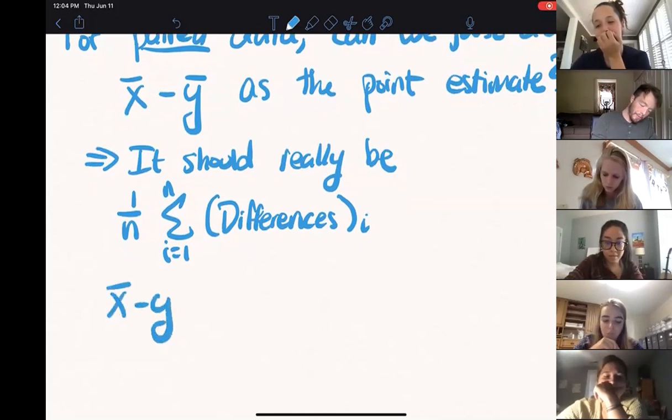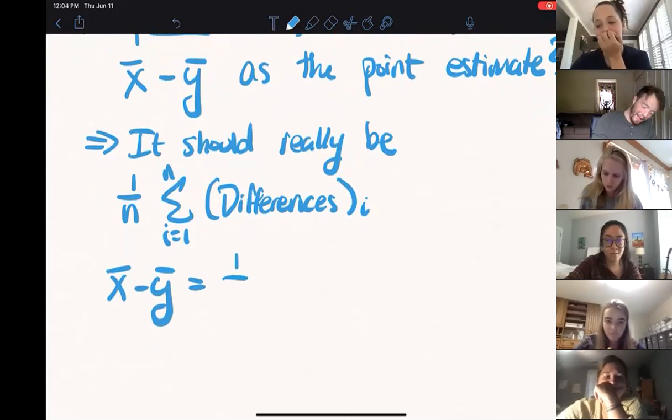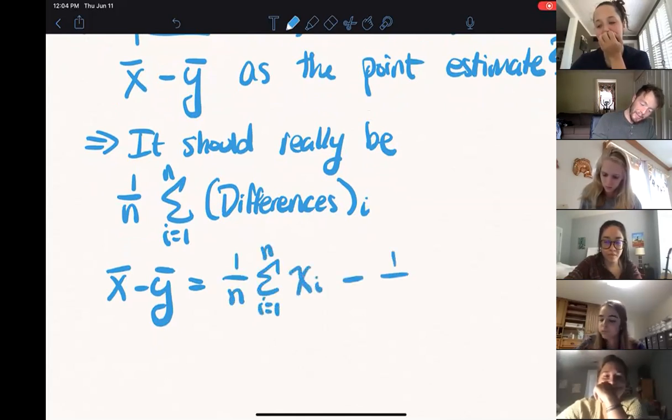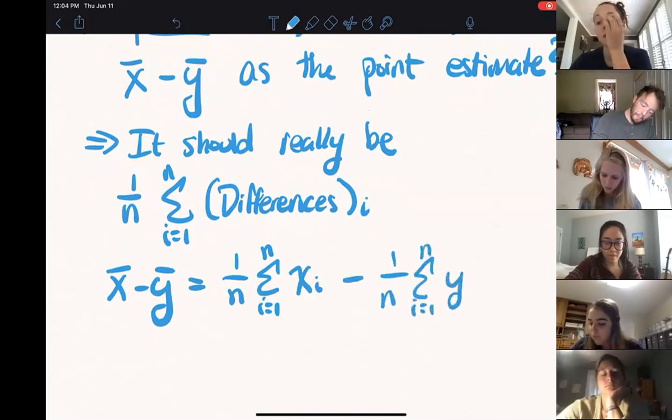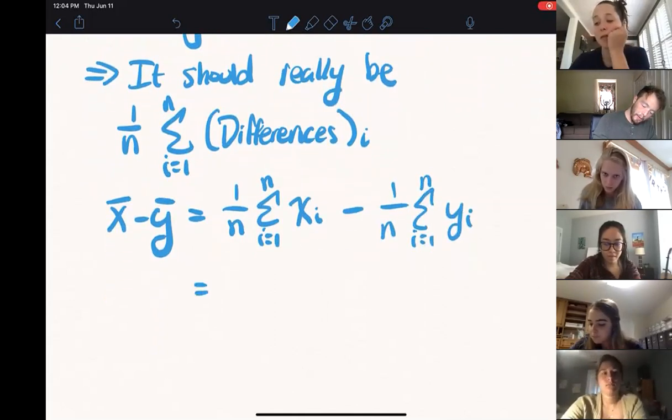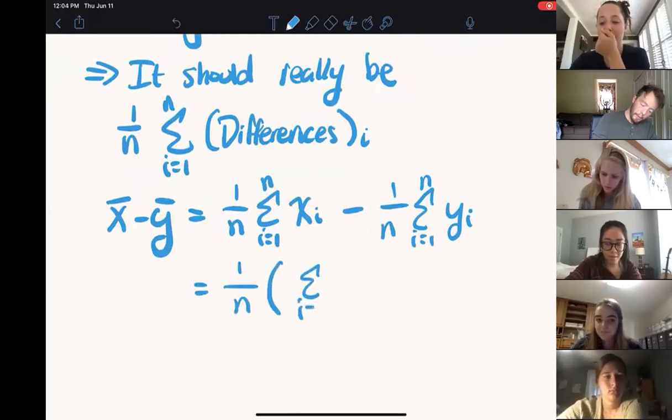X bar minus y bar, I'm going to do, actually this is kind of like a proof. So if you're math people, maybe you'll like, or maybe you'll also hate this. But x bar minus y bar is this, right? Well, by the distributive property, I can move that 1 over n out.